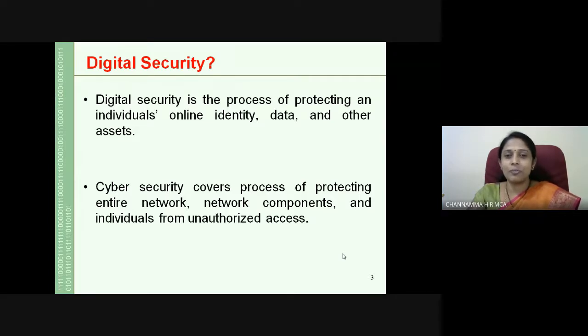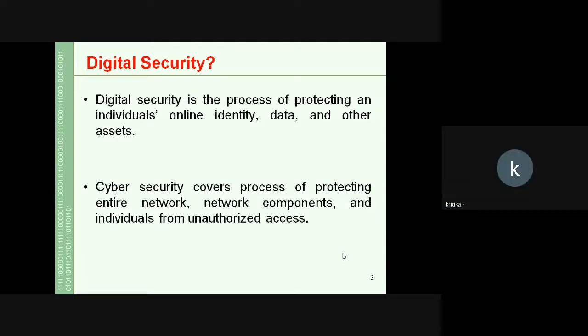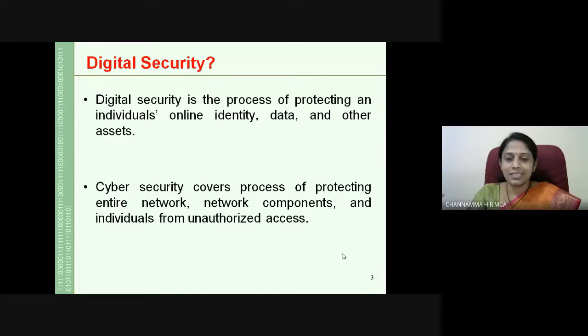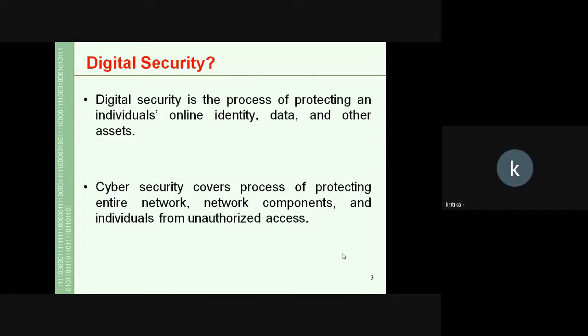Actually, Dr. Gaurav Gupta has covered a little bit about this. Ma'am, fast changing technologies. Yeah, that is one of the points. That's right. And lack of human awareness. Lack of human awareness. Yeah.